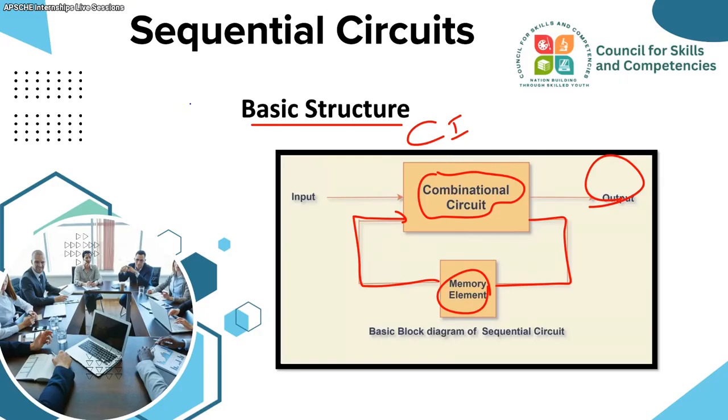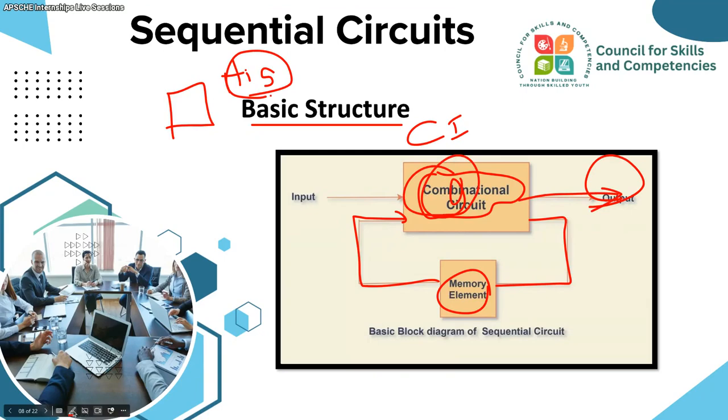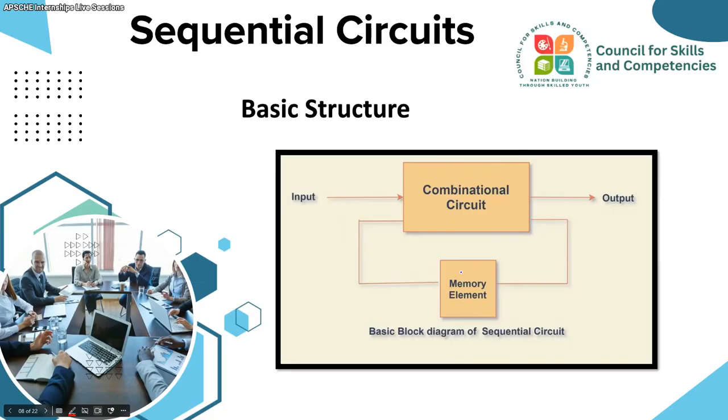It is capable of having memory. Memory means history. It is capable of using the history, so we can have a better output. This is what we have to understand in sequential circuits.